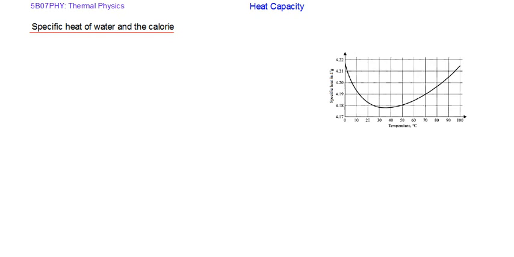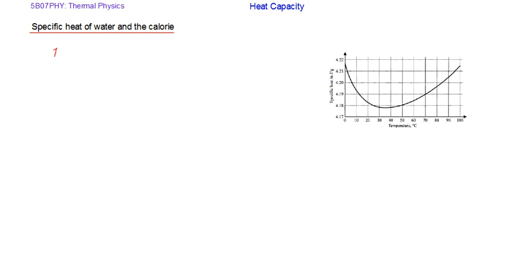And 1 calorie was defined as the amount of heat required to raise the temperature of 1 gram of water by 1 degree Celsius. So that was the definition accepted for calorie.